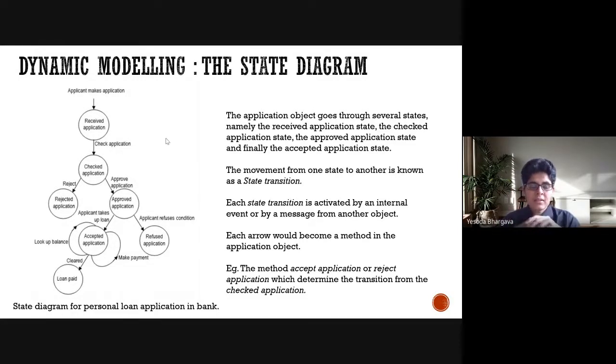When that function is called, all the details are seen, and based on that, either the application is rejected or it's approved. So each arrow that you see in the state diagram will actually become a method in the application object.